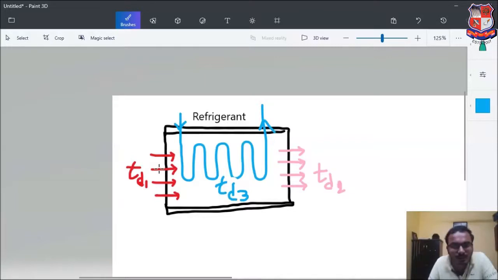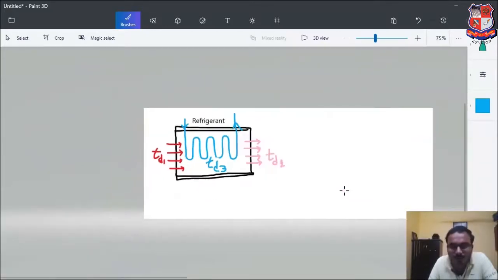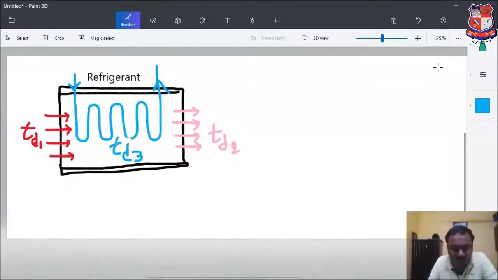The air is coming in at higher temperature TD1 and it is getting cooled through this refrigerant, and the exit temperature is TD2. Now we will draw the same process on our psychrometric chart.